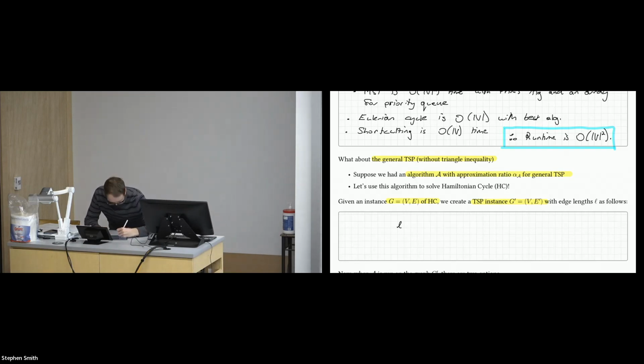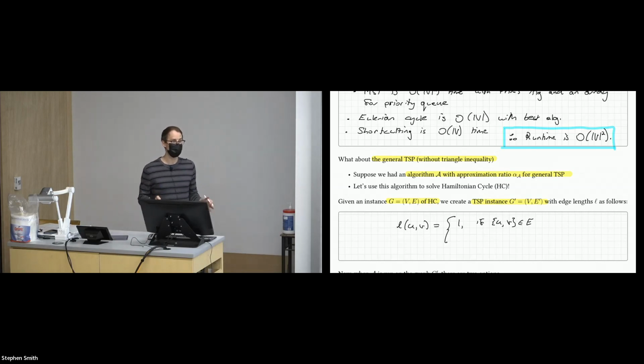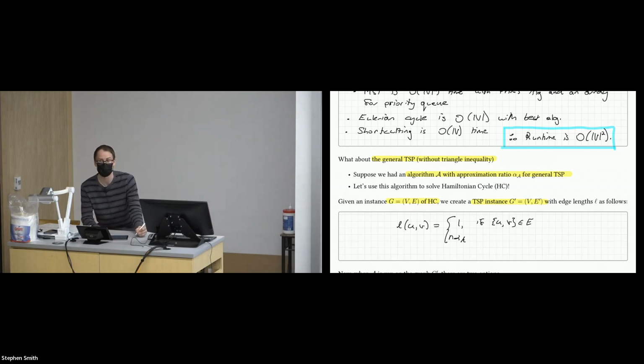So on an edge UV, I make the edge length 1 if UV is part of the Hamiltonian cycle input, and I make it really long otherwise. And how long I make it is related to the approximation factor. So I make it n times alpha, that's the approximation factor of this supposed algorithm, plus 1.